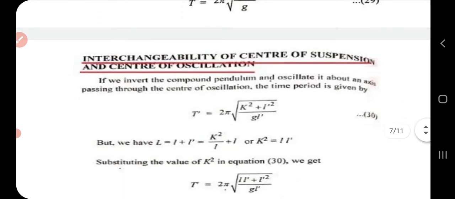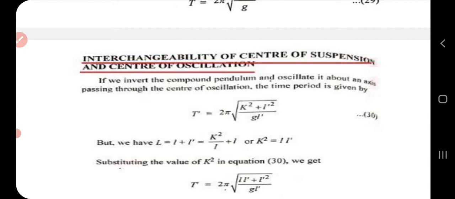So for that, what we do is we invert the compound pendulum. Hope you remember, once you took the time period about the center of suspension, you repeated the same experiment by inverting the pendulum. That is, you took the time period by suspending it from the other side, from the center of oscillation.